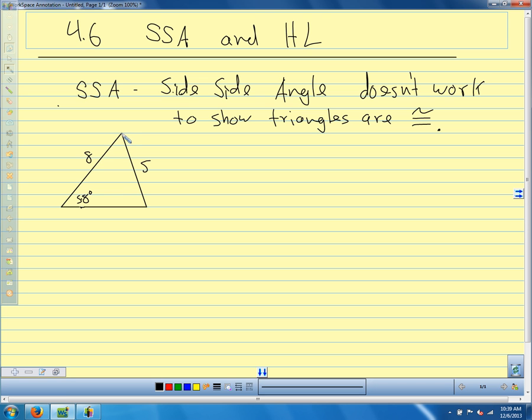In order to do that, what I'm going to do is pivot this side on this vertex. And it's going to swing around in a half circle, and it's going to hit the triangle back over here.